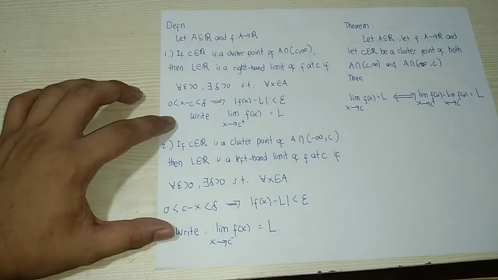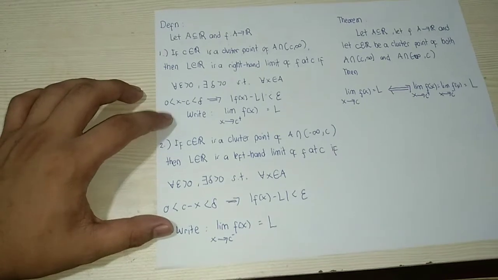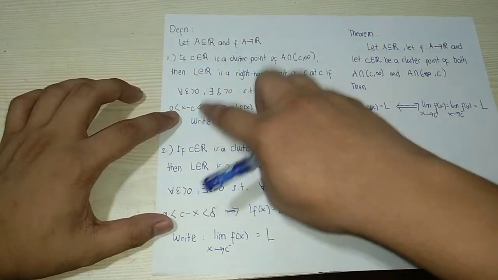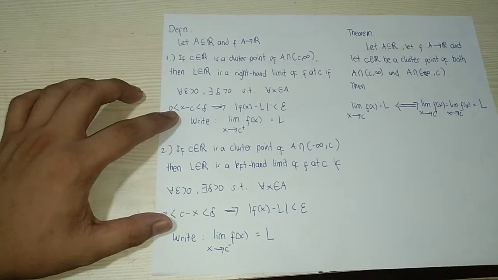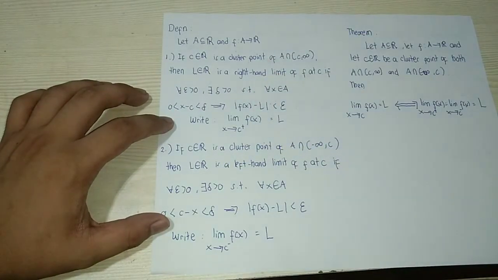As you can see, the absolute value in the definition of the limit disappeared. Why? Because the x here are only those on the right side of C, so x is always greater than C in this part. Less than delta implies the absolute value of f(x) minus L is less than epsilon.